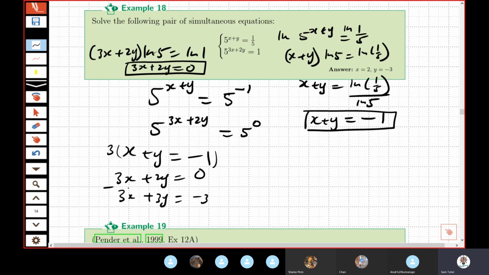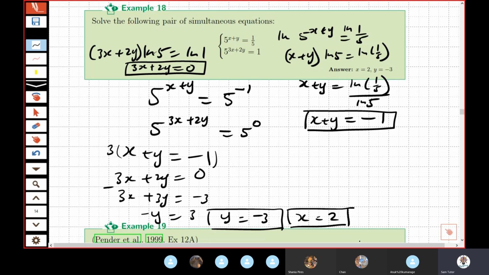Subtract everything: 2y take away 3y is -y, and 0 minus -3 is 3, so y equals -3. Back into the top: y equals -3, so -1 plus 3 is just 2. x equals 2. The simultaneous bit is easy.